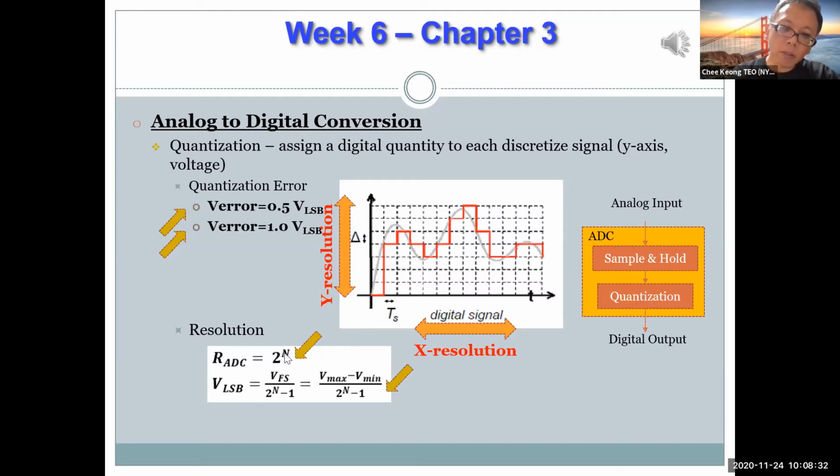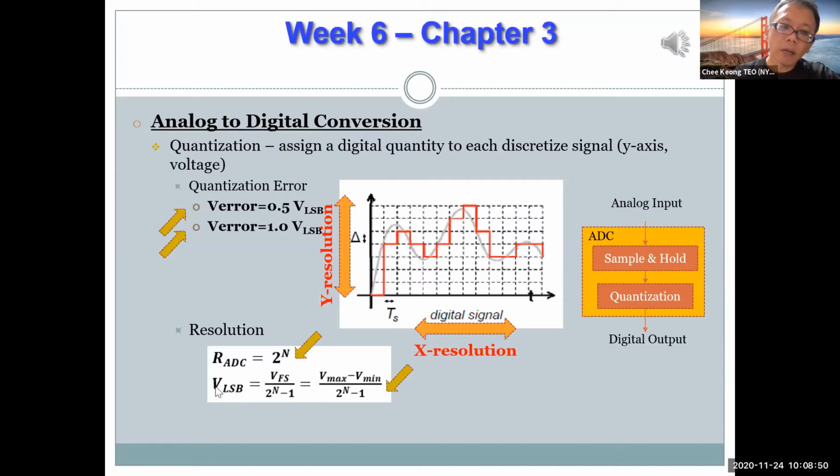And we know that for, let's say, a 3-bit ADC, 2 to the power of 3 gives you 8 levels. They call this the resolution or the level. Resolution of an ADC is 2 to the power of n. So in the case of 3 bits, it will be 8 levels, so the resolution will be 8, right?